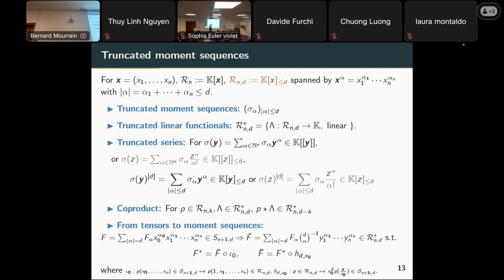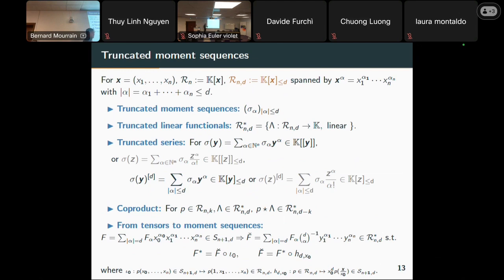We have this relation: f hat is f star composed with the homogenization, which is a linear map taking a polynomial of degree less than or equal to d to a homogeneous polynomial of degree d in the variables x0, x1, and so on. Okay. So here we have a homogeneous polynomial of degree d, a symmetric tensor.